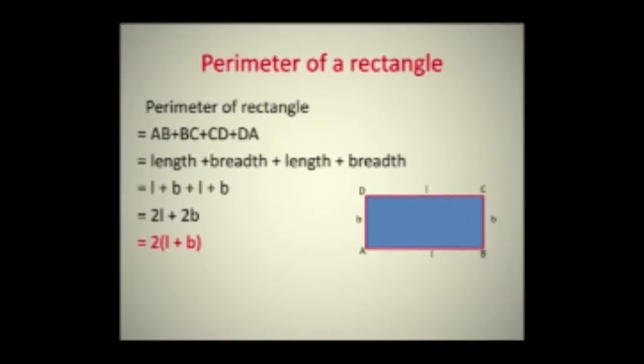So l plus b plus l plus b. l is written twice here. Therefore 2l plus 2b. By taking 2 common, we get 2 bracket l plus b. Means the perimeter of a rectangle is equal to twice the length plus breadth. That is the formula for the perimeter of a rectangle.